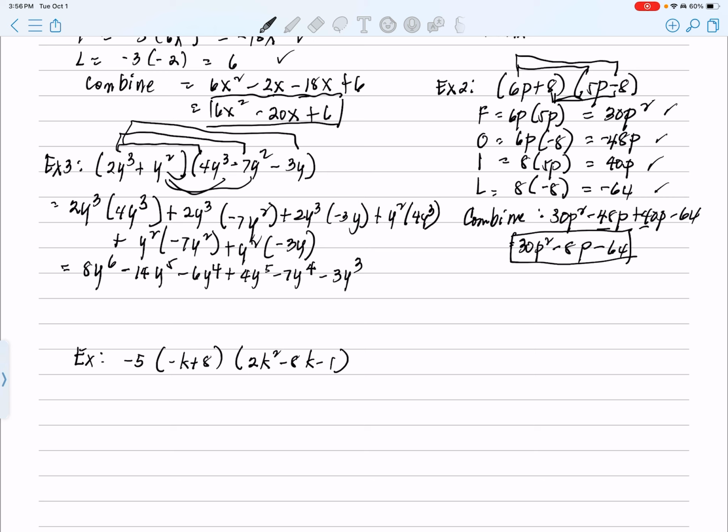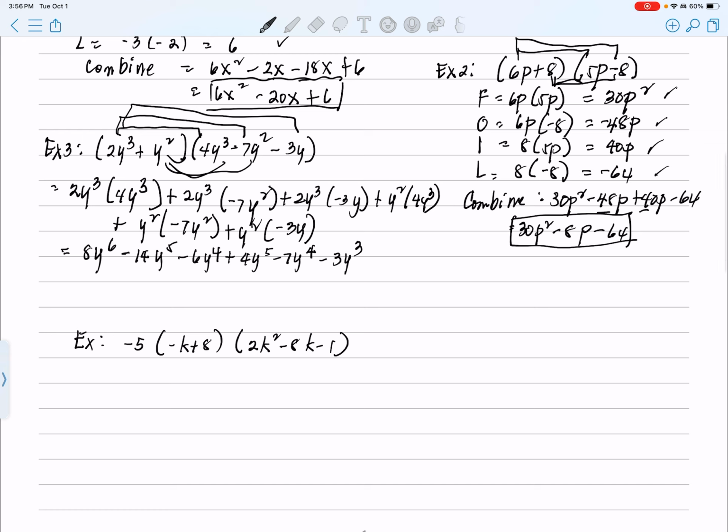Okay. We can see that there are similar terms here. I can see only one y to the 6, so this will be our first term. Then we combine the y to the 5th terms. Negative 14 plus 4, that's negative 10y to the 5th power.